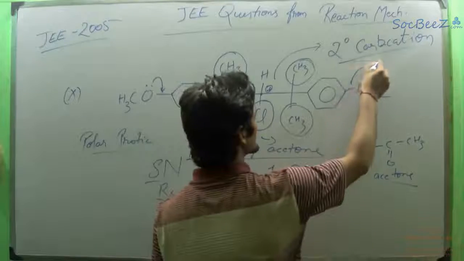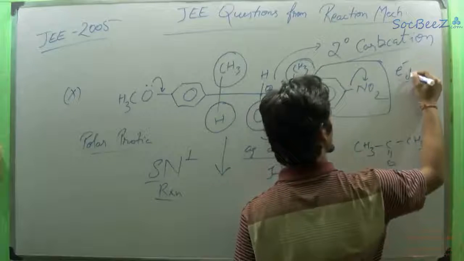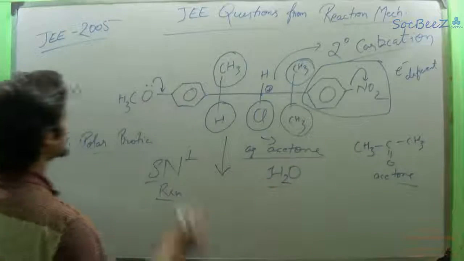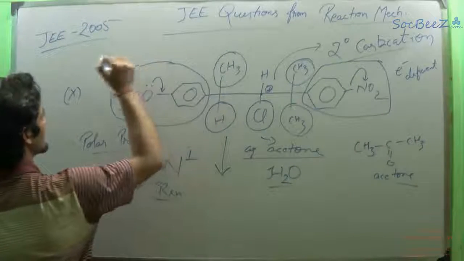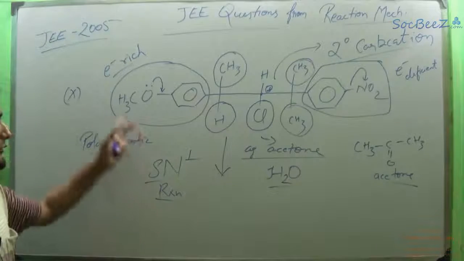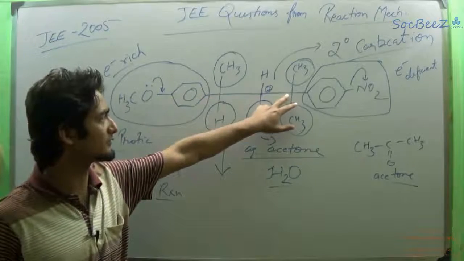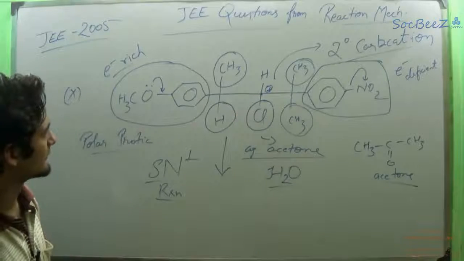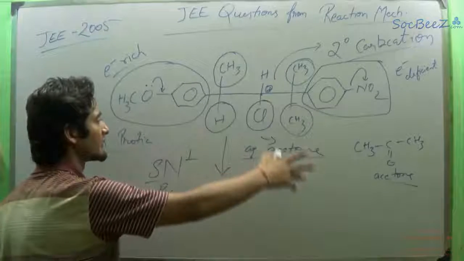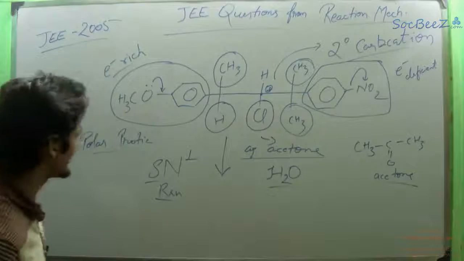So this setup does not have electrons. This is electron deficient, as it was in the case of the last question, and this is electron rich. So obviously this electron rich setup can donate more electrons if a positive charge is being formed at this place than at this place. So the charge will be shifted only to this side, not that side. This is the first concept which we are going to use in this reaction.